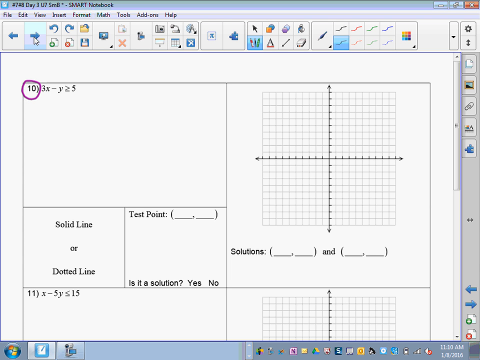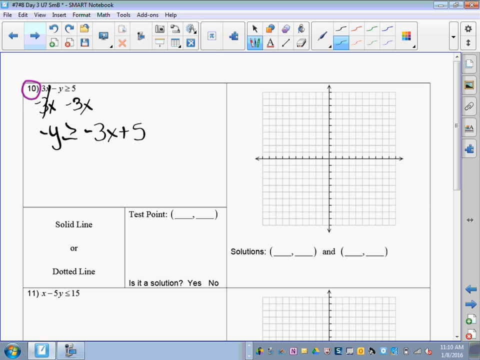All right, what's the first thing to get y by itself? You've got to move that whole 3x over. No, subtract it. Subtract 3x. So I have negative y is greater than or equal to negative 3x plus 5. Is y by itself though? No. What do we still have with it? A negative 1.